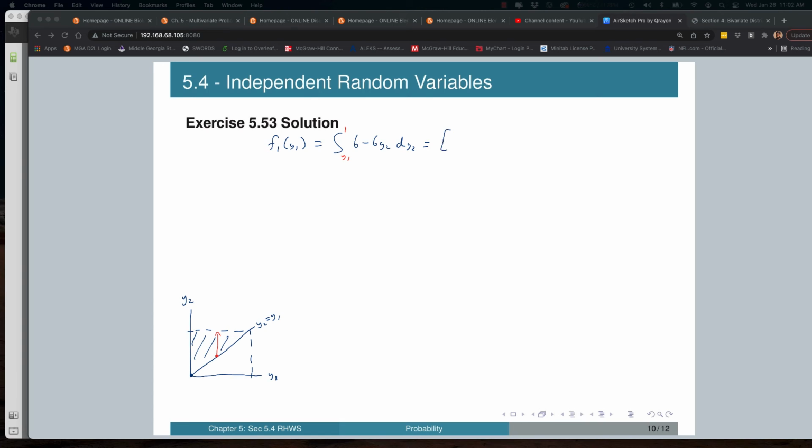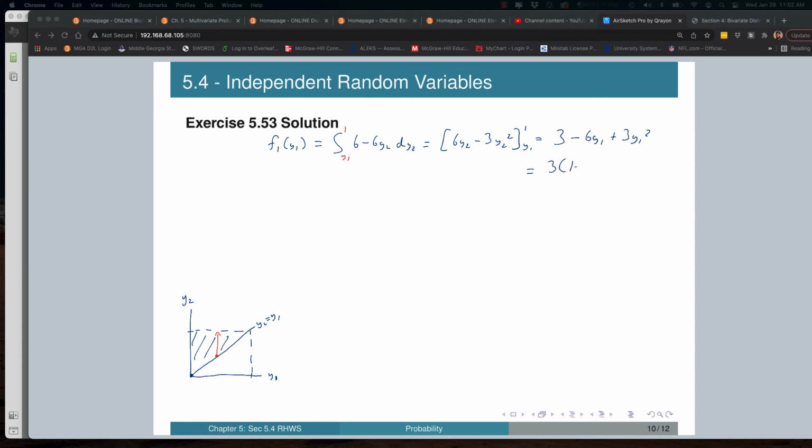So integrating with respect to y sub 2, we get 6y sub 2 minus 3y sub 2 squared from y sub 1 to 1, which is going to equal, plugging in 1 into both of those, 6 minus 3, so that's just going to be 3, minus, plugging in y sub 1, 6y sub 1 minus 3y sub 1 squared, which recall we did this before already.